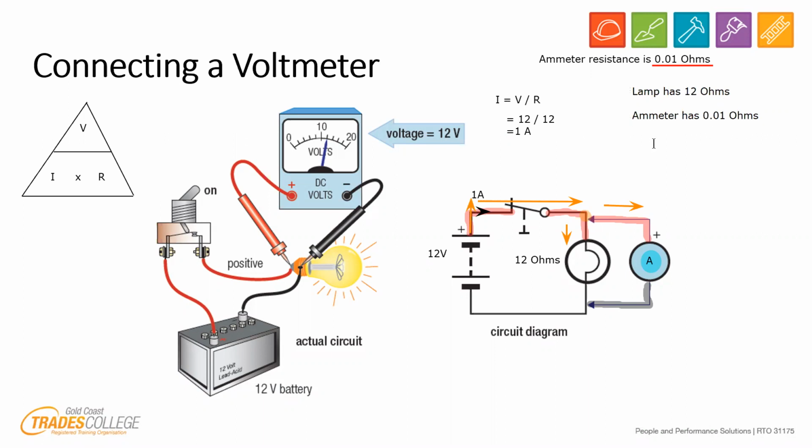Again, I need my I equals V over R. The supply is still 12, but my resistance now has changed to 0.01. Just to make sure I don't make the mistake, it's 12 divided by 0.01, which gives me a new value of current of 1200 amps. That's the problem.